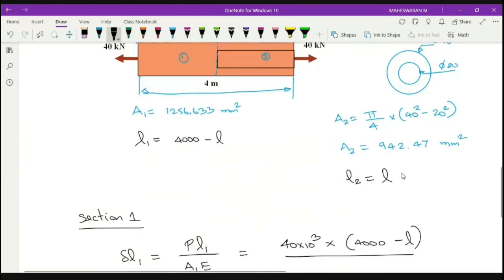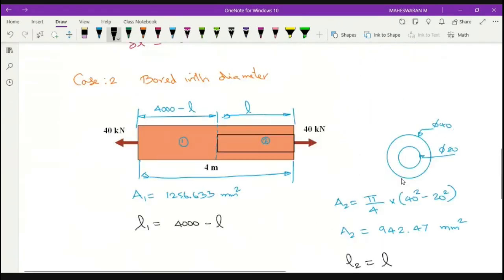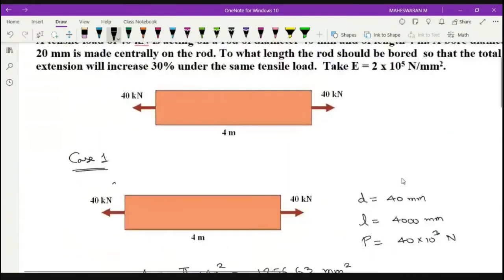So A1 we already know, which is 1256.633, into E. So E is also known, which is 2 into 10 power 5.